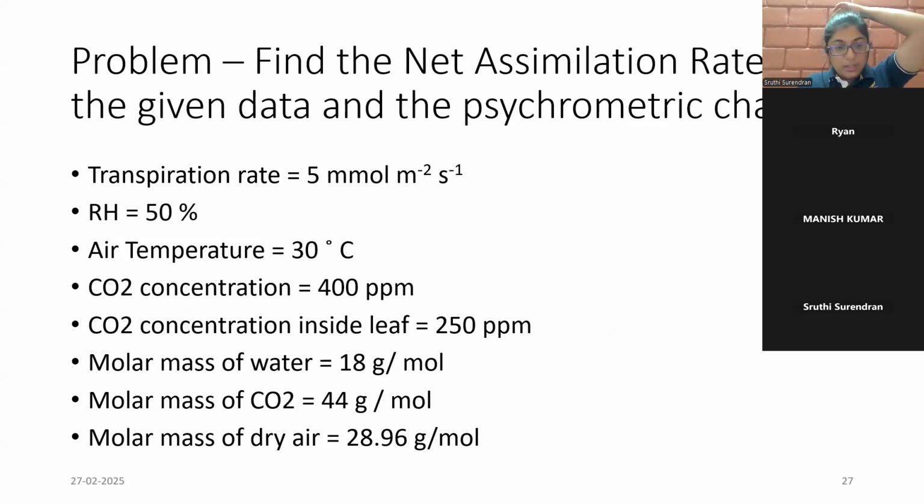Yeah, it is closer to the answer only. You're on the right track. The answer that you gave is the stomatal conductance to water, right?